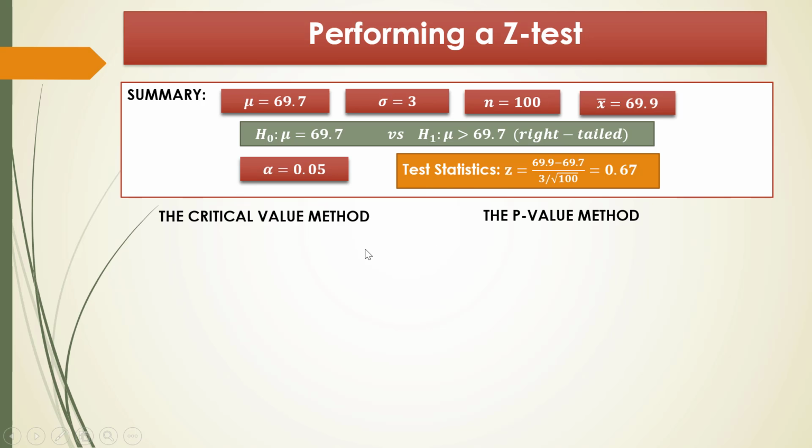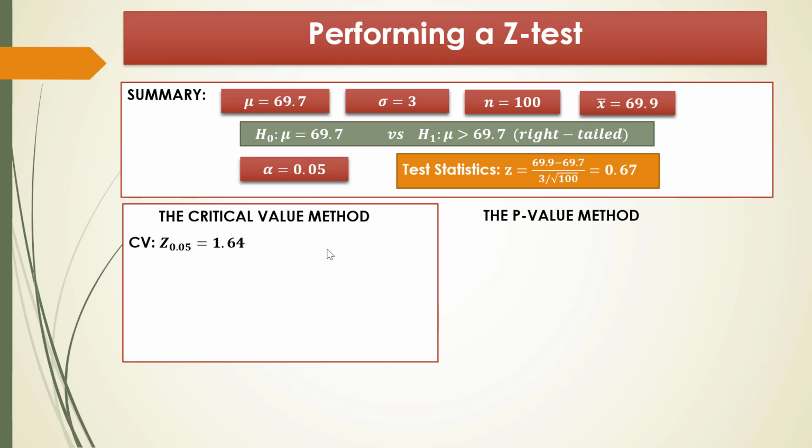Now, depending on which method you use, you will have different steps. For the critical value method, we have to find a critical value. Because we are dealing with a right tail, the critical value should be a positive value, and it is z of alpha, which is z of 0.05, because we want to have alpha area on the right tail.